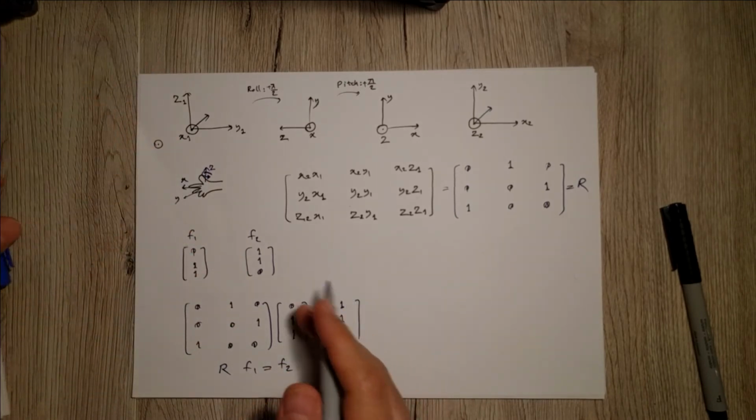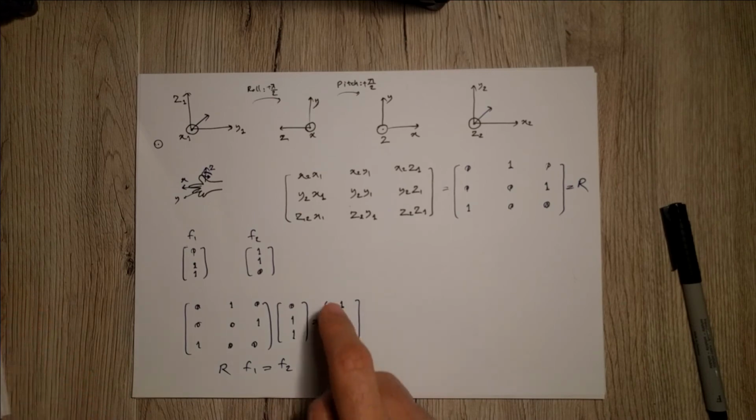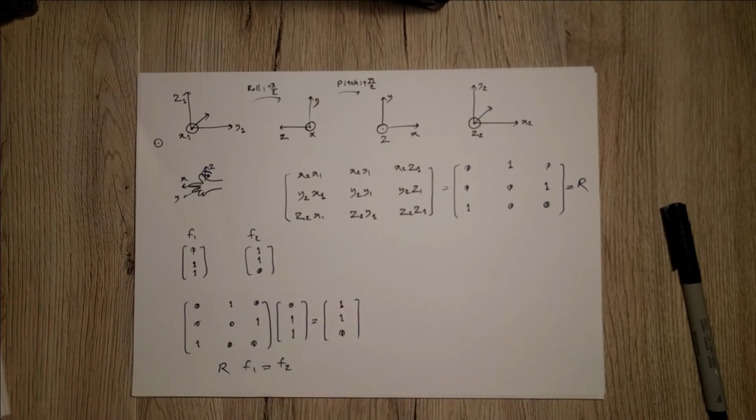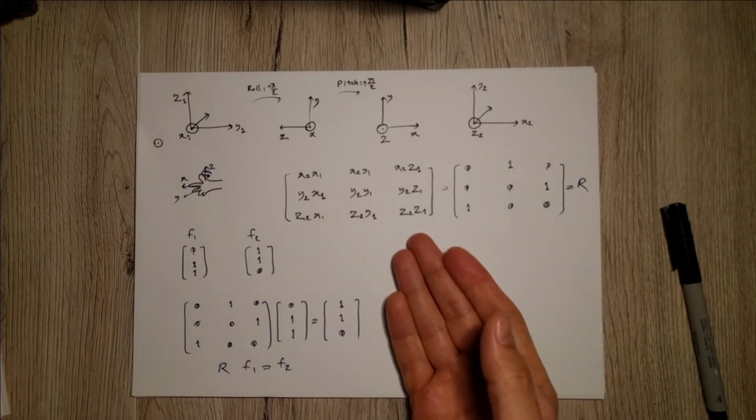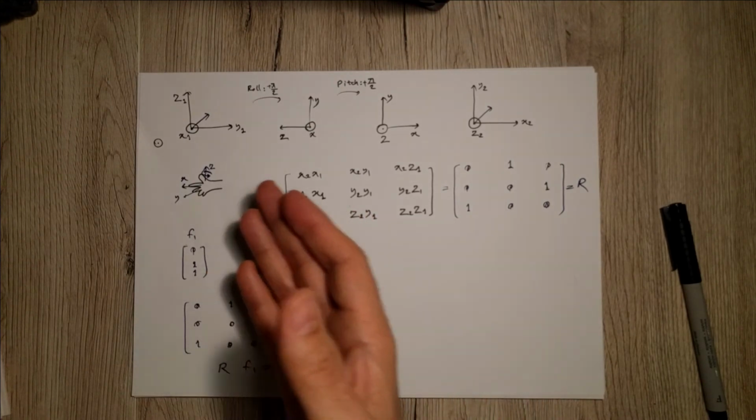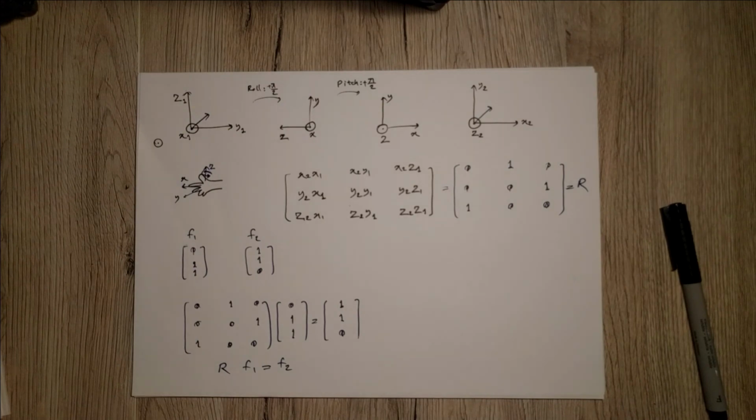Okay, and this is exactly what we had here. So that's the main approach for finding the rotation matrix when we can visually see the frames and we're interested in finding this 3 by 3 matrix. Okay, thank you.